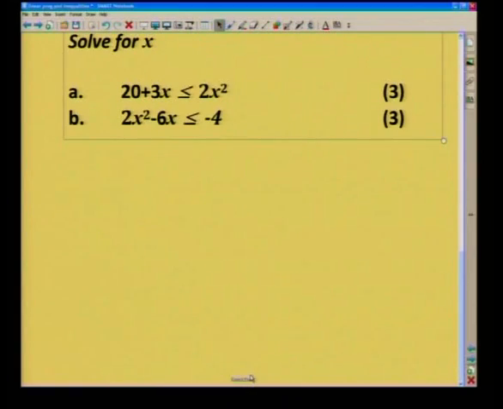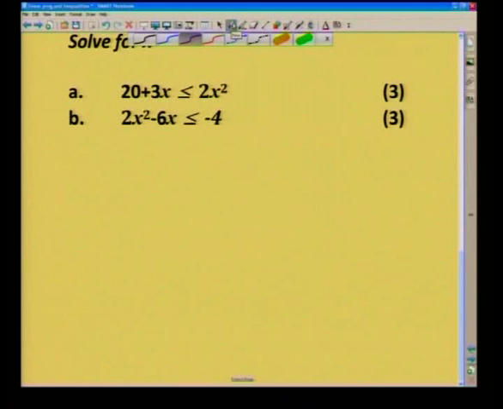Right, what's your first step? Your first step is to get a 0 on one side. We've decided for convenience, we're going to always make it our right-hand side, but it really doesn't have to be, as I've said, just a good thing to do always consistently. So right, we're going to say 2x squared minus 6x plus 4 less than or equal to 0.